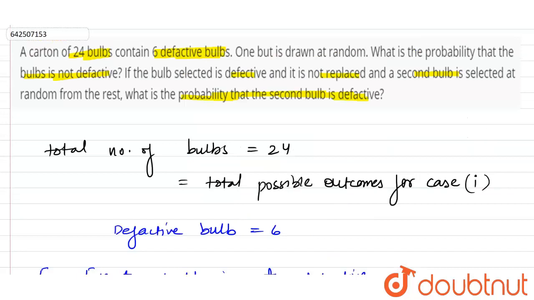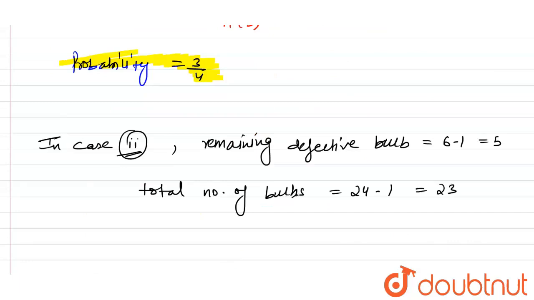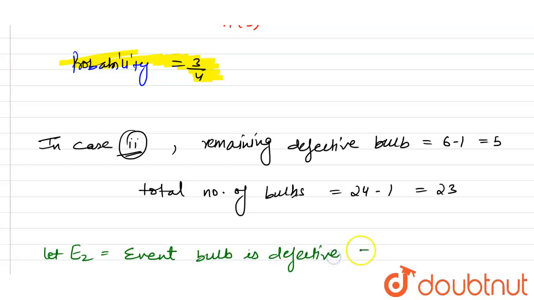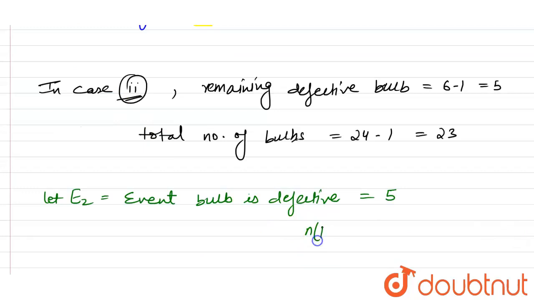Okay, now he is saying the probability such that the second bulb is defective. So let A2 be the event such that the selected bulb is defective, which is equal to 5 here. Now let NE2 be equal to 5.